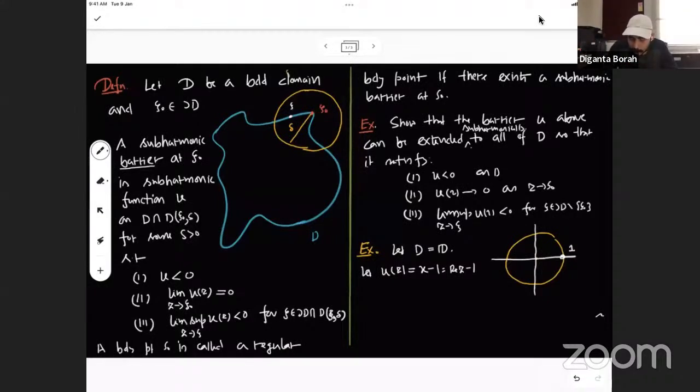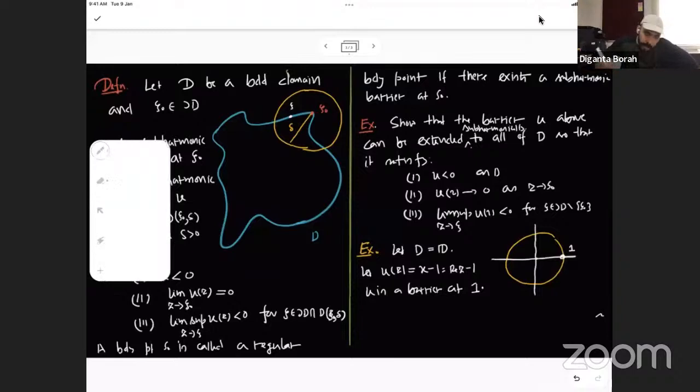It can never reach 1, because z has absolute value less than or equal to 1. So U is the barrier, and this 1 is a regular boundary point.